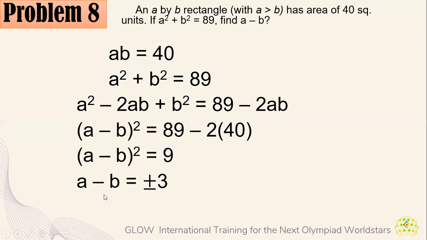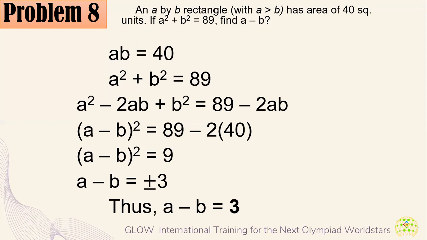But remember, as we mentioned before, since a is larger than b, then a minus b has to be positive. That's why, since a minus b equals 3 or a minus b equals negative 3, but picking only the positive value, hence a minus b equals 3 in this case. I hope you got this item correctly, and if you did, congratulations.